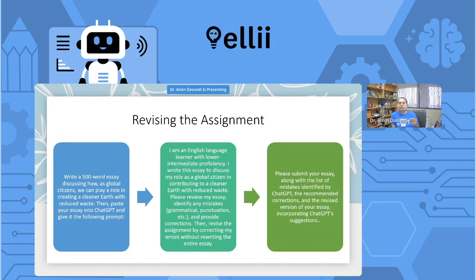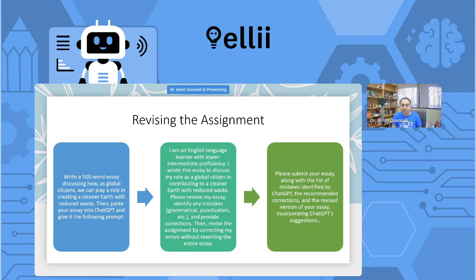Well, how do we know that the students did this? Look at the third part of the assignment. Please submit your essay along with the list of mistakes identified by ChatGPT, the recommended corrections, and the revised version of your essay incorporating ChatGPT's suggestions.